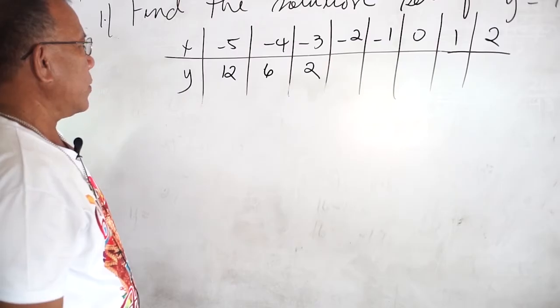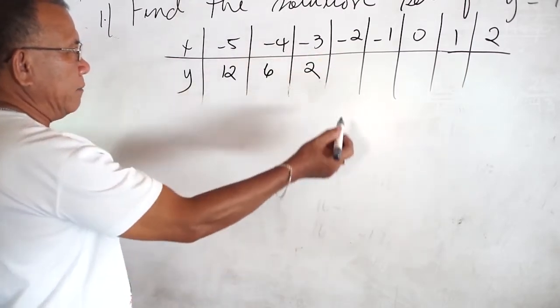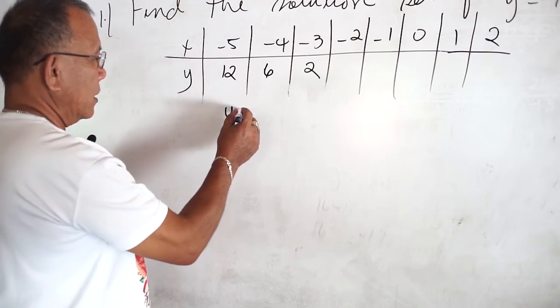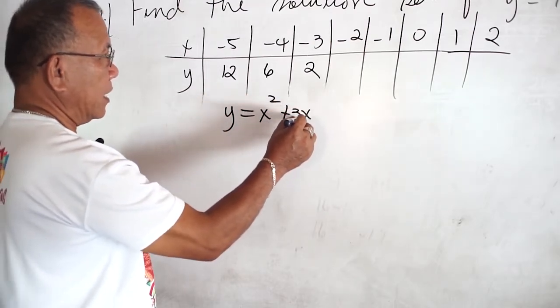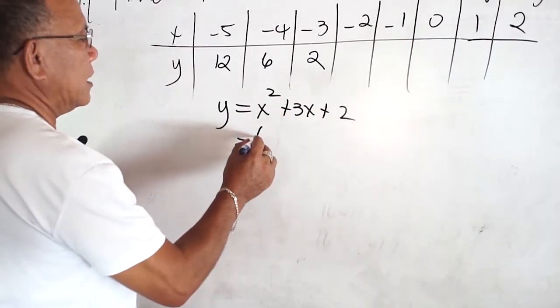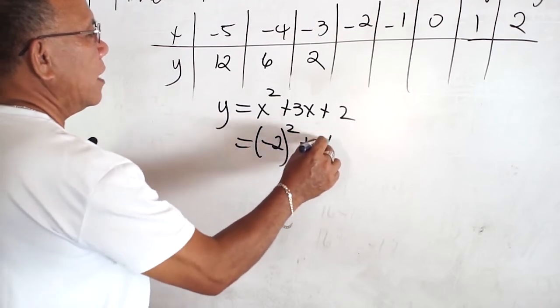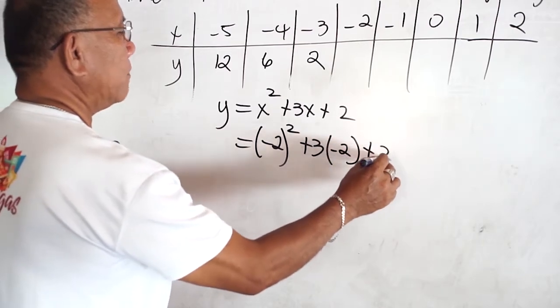Okay, so next we have if the value of x is equal to negative 2. So we have here the equation y is equal to x squared plus 3x plus 2. So the value of x is negative 2 squared plus 3 multiplied by negative 2, plus 2.